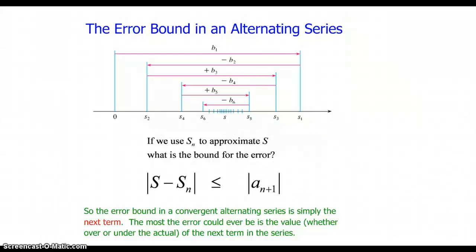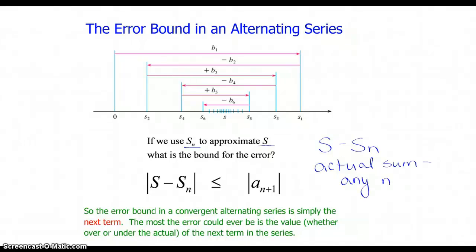If we use any nth partial sum to approximate the actual sum, it becomes important for us to know what's the difference between those two. What's the difference between the actual sum and any nth partial sum? That's the question we're going to ask ourselves, because this is the error bound.